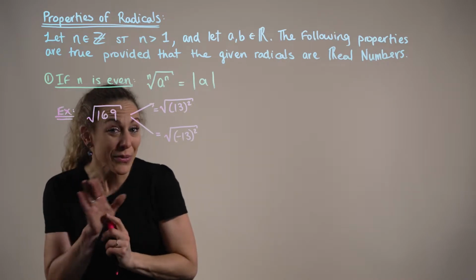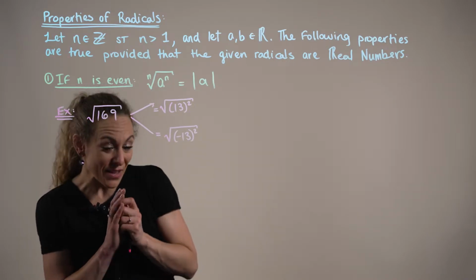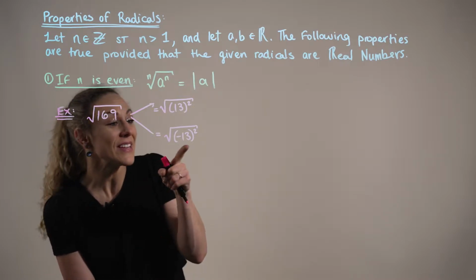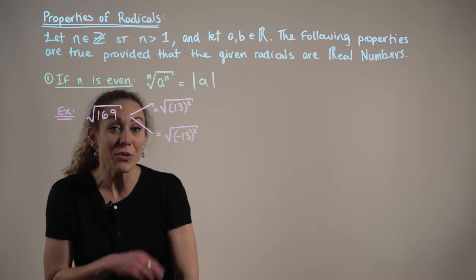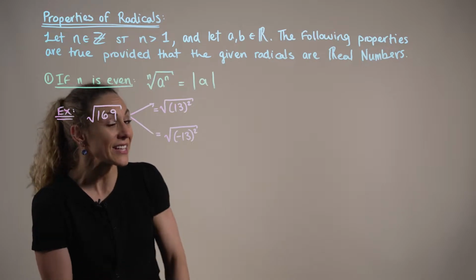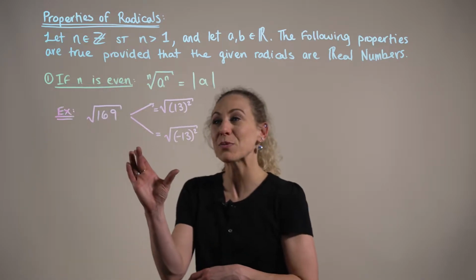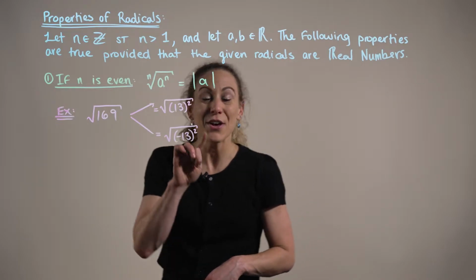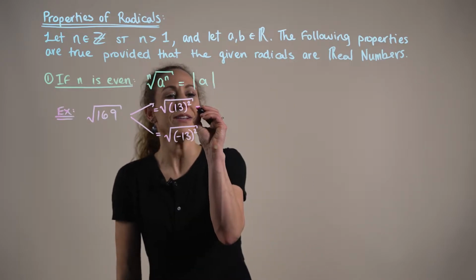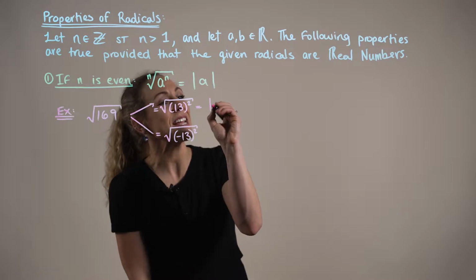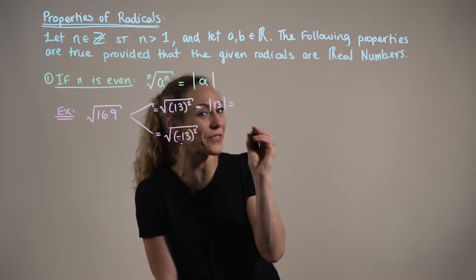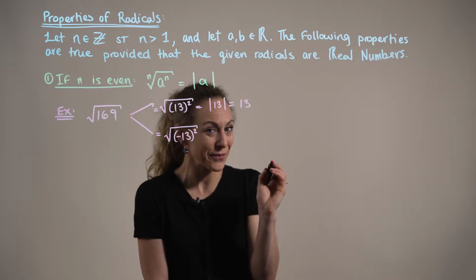Now, because we know that 169 is equal to 13 squared and it's equal to negative 13 squared, we know that we need to consider 2 distinct cases. Or if we wanted to put them into one happy case, we could incorporate the absolute value. So in simplifying case 1, since 13 is positive or non-negative, we know that the absolute value of 13 is just 13 itself.